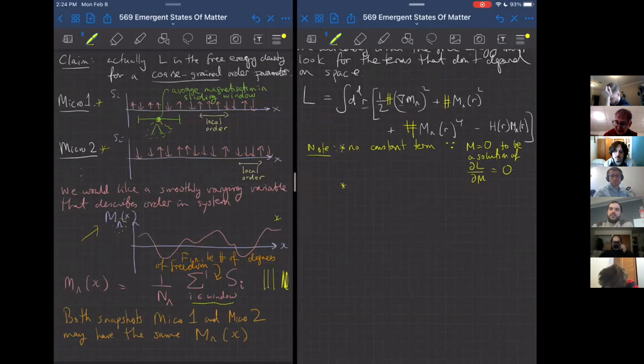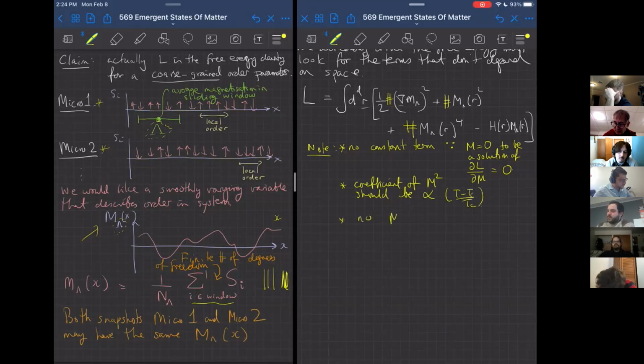And the second note is that the coefficient of m squared should be proportional to t minus tc over tc. And then there is no m cubed term.